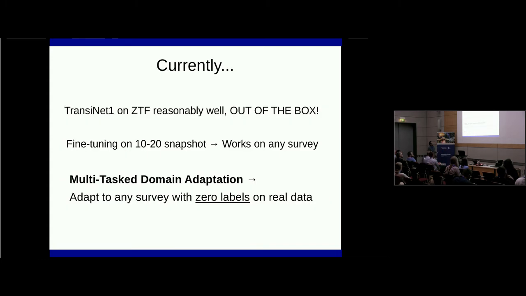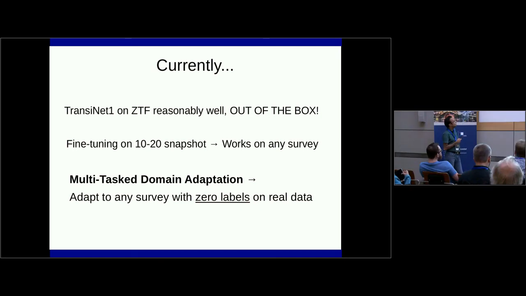So currently, TransiNet 1 on ZTF data, which is out quite recently, worked just out of the box with a reasonable performance, like 40-50% of the images of the transients were detected. But with fine-tuning on 10 to 20 snapshots, it came up to the accuracy and performance that we were getting on the Catalina data.